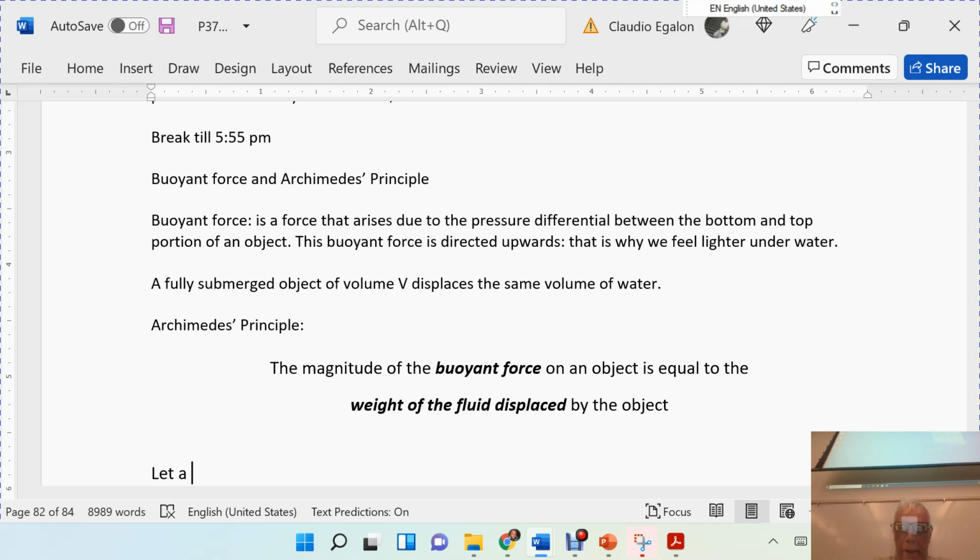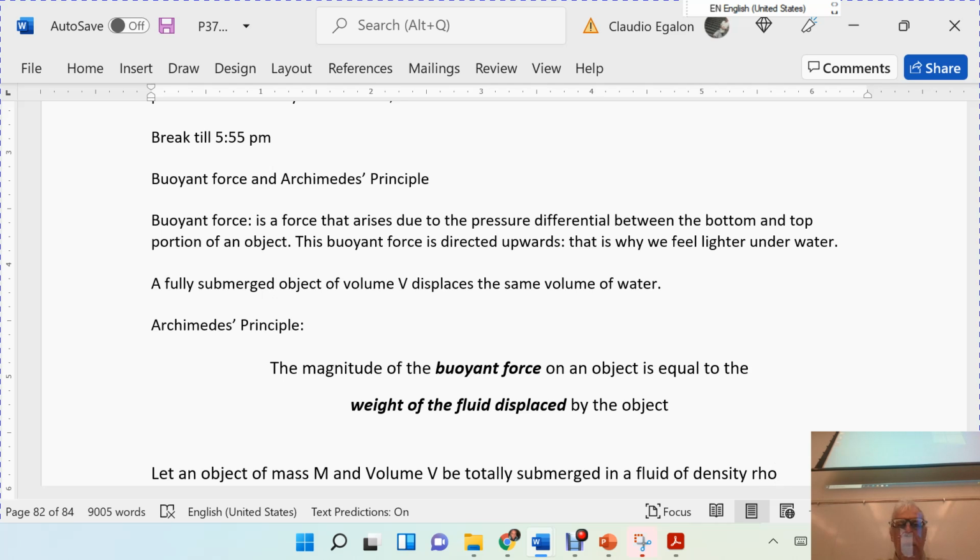Example: Let an object of mass m and volume V be totally submerged inside a fluid of known density rho.